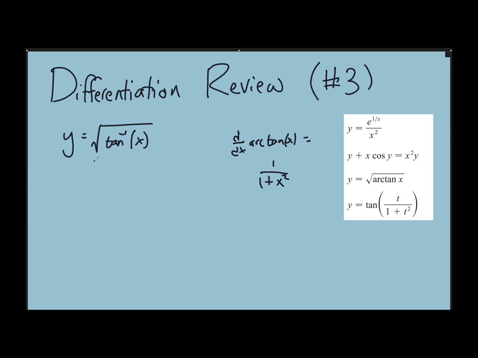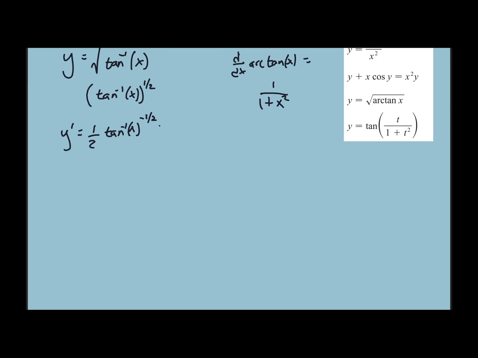So if I want to take this, the first thing I would do is rewrite it as arctangent of x to the 1/2. This is a power rule first. y prime is 1/2 arctangent of x to the negative 1/2. And then chain rule, inside function, would be the 1 over 1 plus x squared.